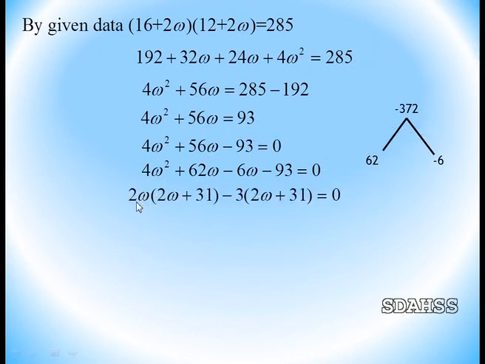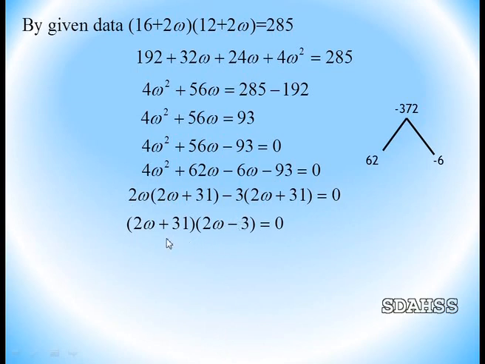So you have 2W(2W + 31). In the last two terms, −3 is the common factor, so take it outside. So you have −3(2W + 31) = 0. Now 2W + 31 is the common factor, so take it outside. So you have (2W + 31)(2W − 3) = 0.